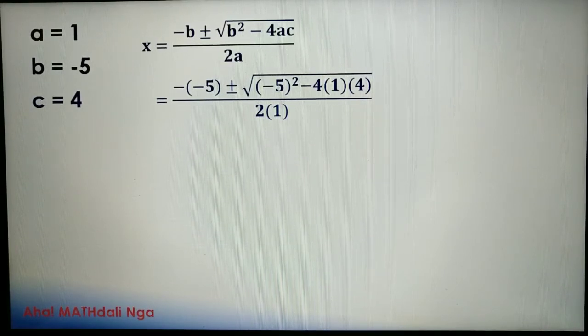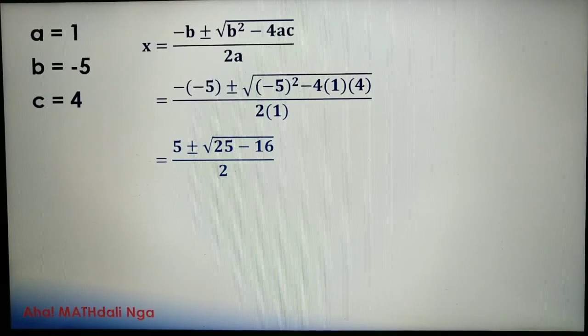Then we will simplify. Negative times negative 5 is positive 5. Copy plus or minus symbol. Then the square of negative 5 is equal to 25, because negative 5 times negative 5 is positive 25. Now we will multiply negative 4 times 1, which is negative 4, times positive 4, which is equal to negative 16. All over 2 times 1 is equal to 2.